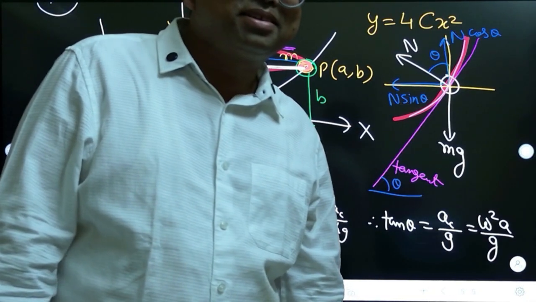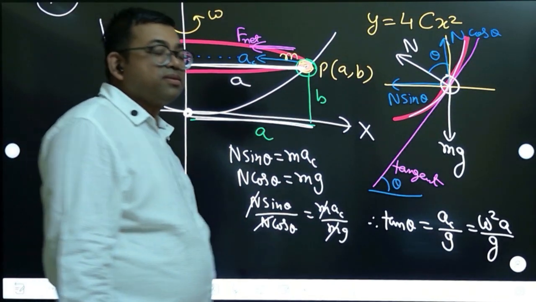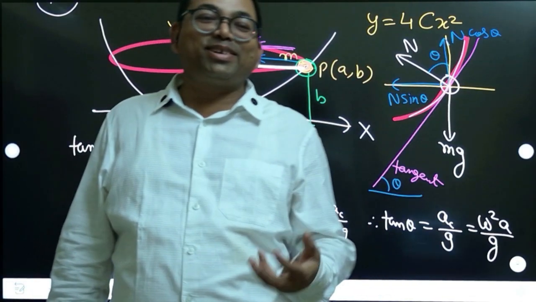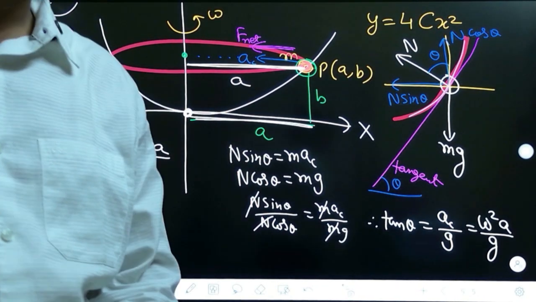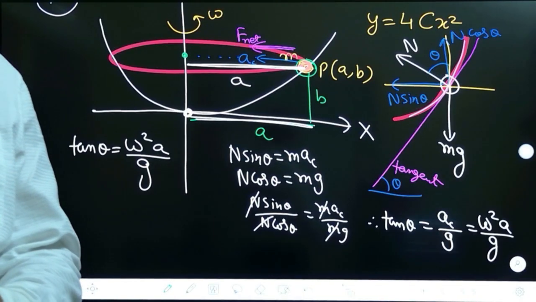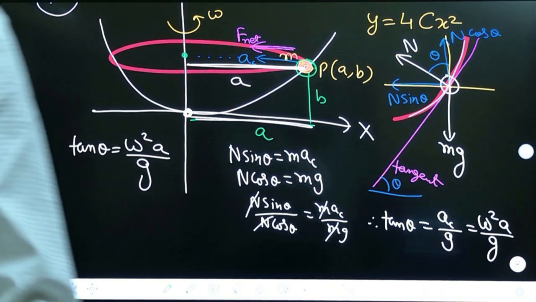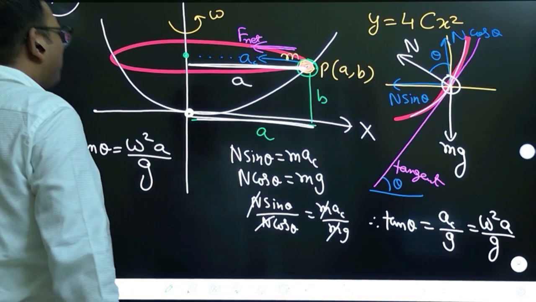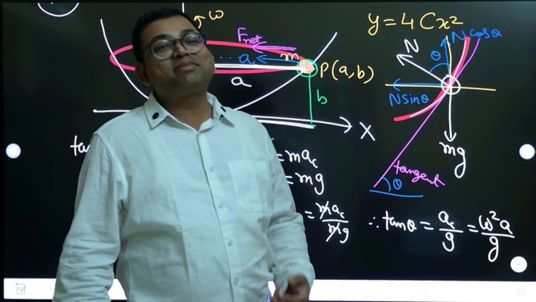Raghu and Sanjay, Sanjay is also there now. How will you do it? Come on. If you are not able to think, it means you need to revise the basic maths.